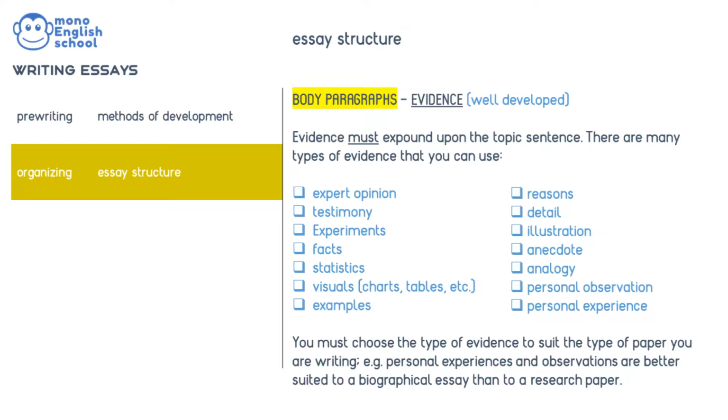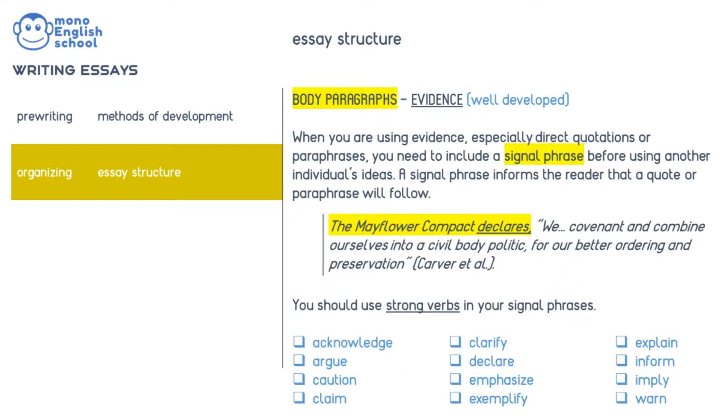As part of the evidence element of a paragraph, you often need to include a signal phrase. A signal phrase indicates that you will change from your ideas into the ideas of another. A signal phrase is most commonly used before quotations and paraphrases, but could also precede other types of evidence, such as a statistic.